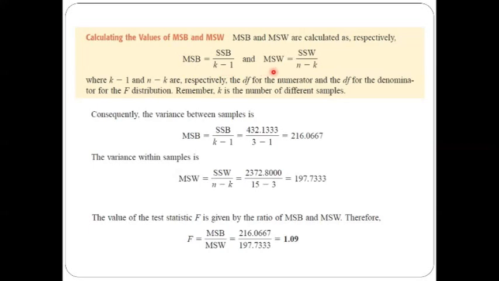Well, for the MSW, we have the formula of SSW over N minus K. So, given na to sa value natin, yung K at saka yung N later, where yung K minus 1 and N minus K are respectively the DF for the numerator and the DF for the denominator. For the F distribution, remember that yung K is the number of the different samples.